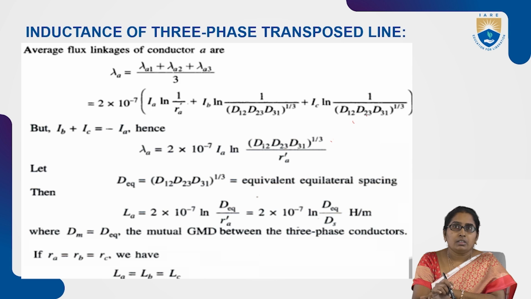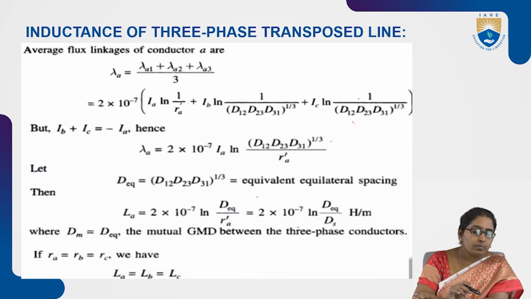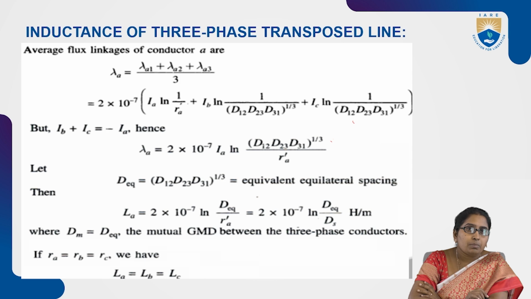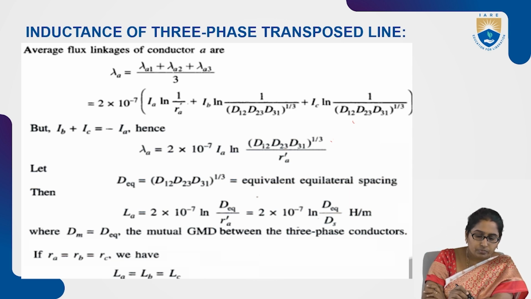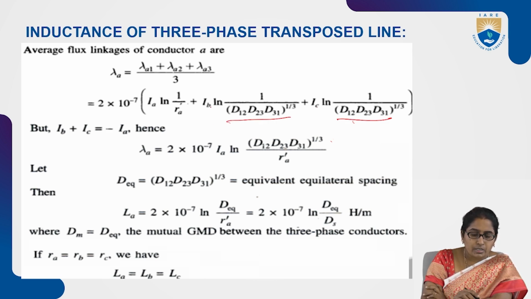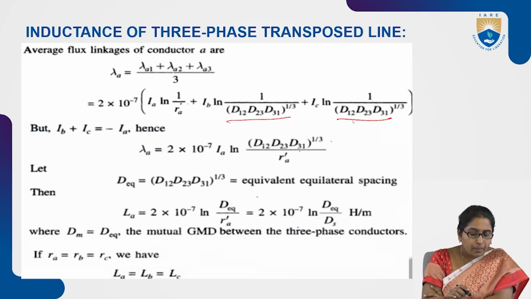Now for a balanced system, Ia plus Ib plus Ic is equal to 0, so Ib plus Ic can be taken as minus Ia. The expression becomes 2 into 10 power minus 7 into Ia into log of (D12 D23 D31) whole power 1 by 3, by Ra dash.